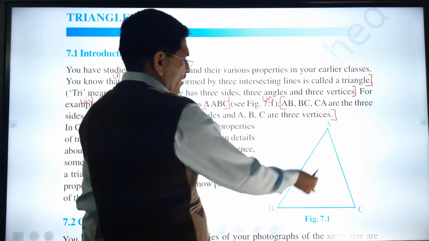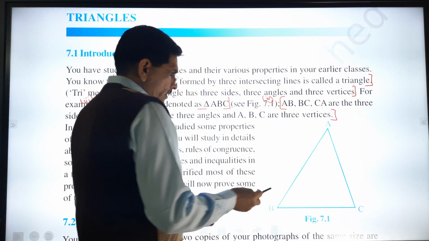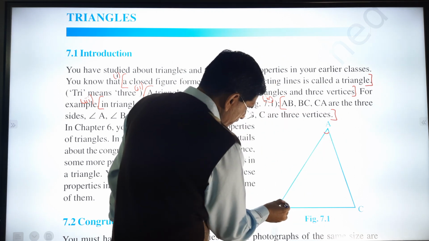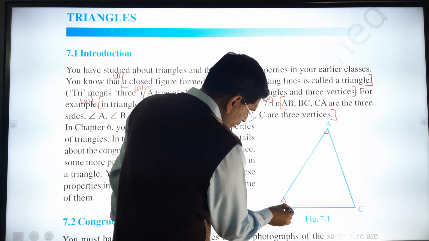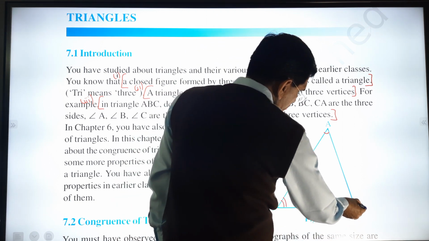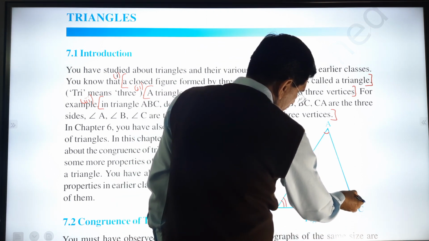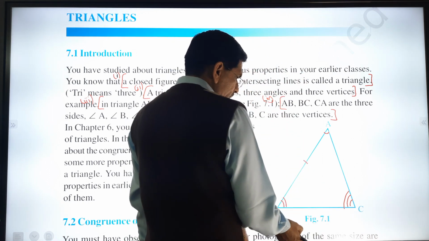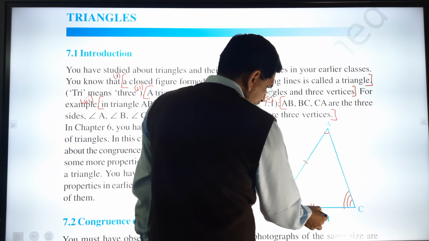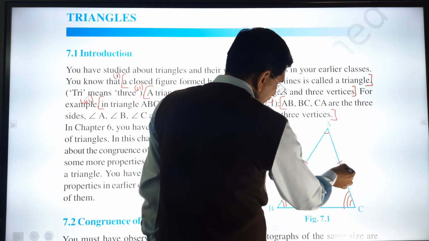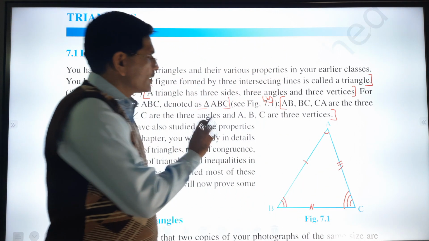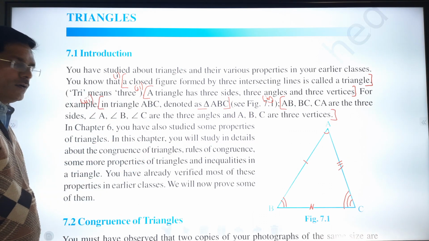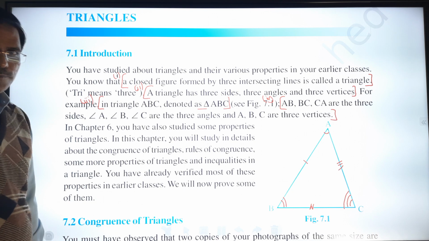And draw the figure of it. Here we can say symbolically angle 1, angle 2, angle 3, and side AB, side BC, and the third side. I think all 4 points with this figure you have to write, draw it now.